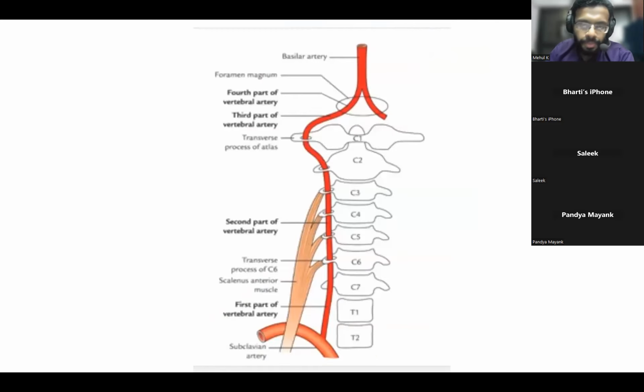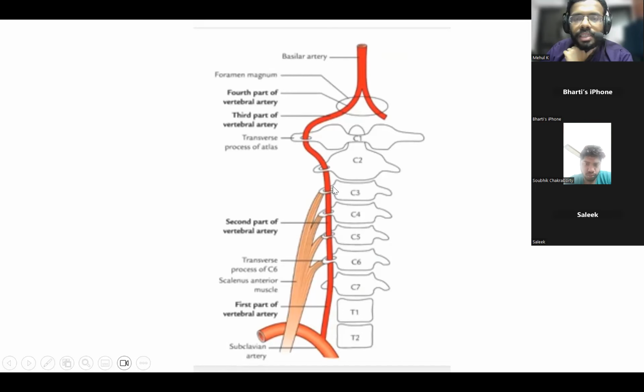Again, another look at the posterior circulation here. You can see that your vertebral artery is coming out of the first part of your subclavian, going up C6 to C2 through the foramen transversarium, then winds around the C1 and eventually forms your basilar artery.